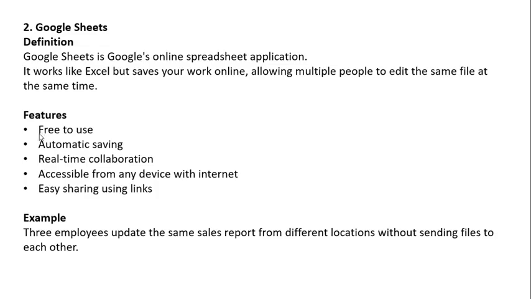Features: free to use, automatic saving, real-time collaboration, accessible from any device with internet, and easy sharing using links. For example, three employees can update the same sales report from different locations without sending files to each other.